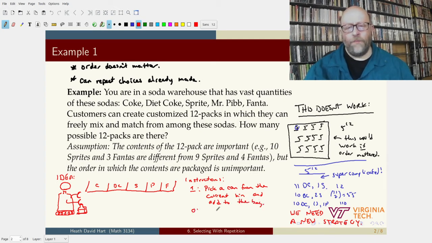And a 0 means move to the next bin. And at the end of the bins is a station where the robot can drop off the bag once the order is complete.